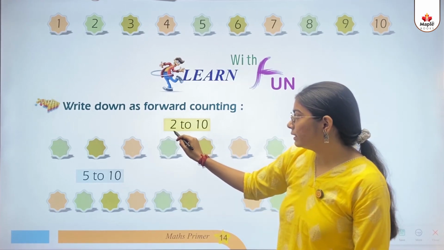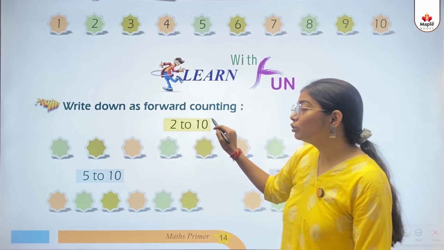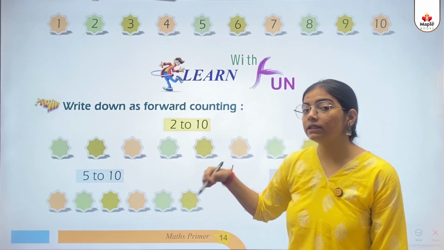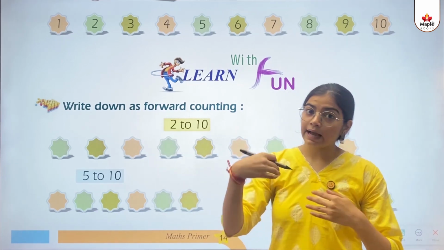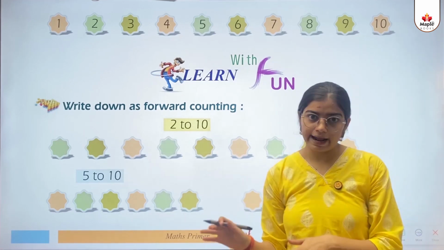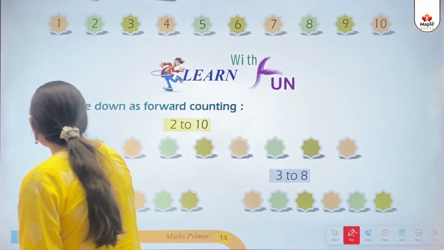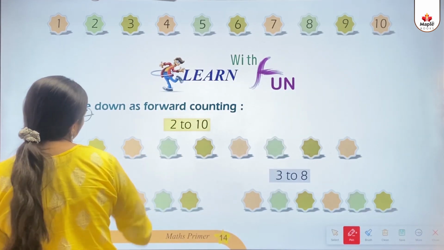Written here is 2 to 10. So, we need to write the forward counting from 2 to 10. We will count as well as we write. So, first is 2.